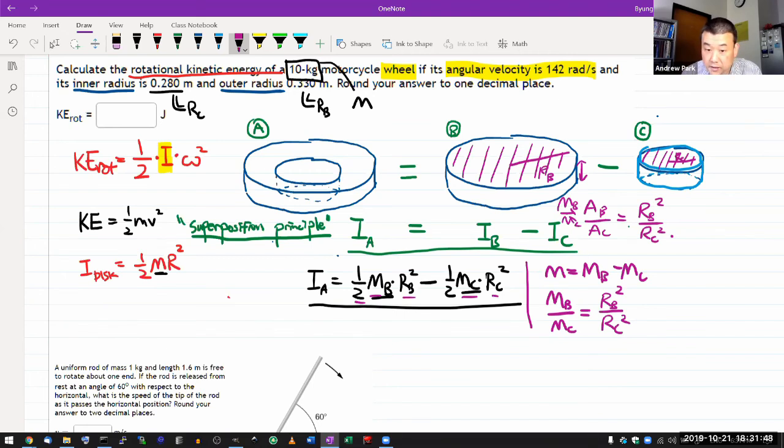And I think that's enough. Here I have three unknowns, MB, MC, and M, and I have three equations. Is that right? Yeah, I have three equations.